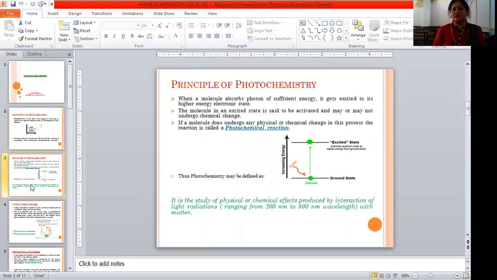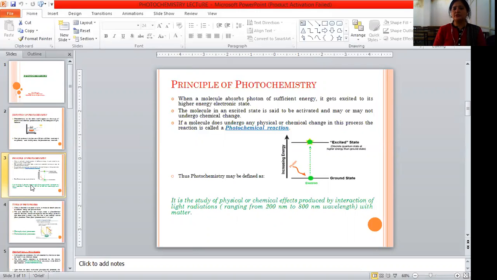In a photochemical reaction, we have a principle of photochemistry. When a molecule absorbs a photon of sufficient energy, E is equal to h nu, it gets excited to its higher electronic state. When a molecule is excited to the higher electronic state, it may or may not undergo any chemical change.